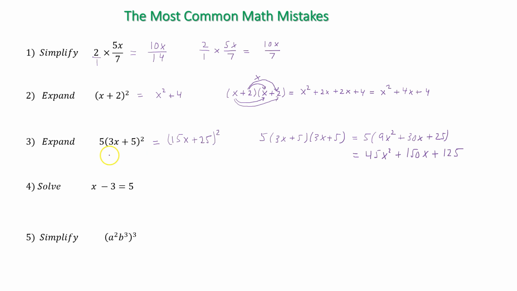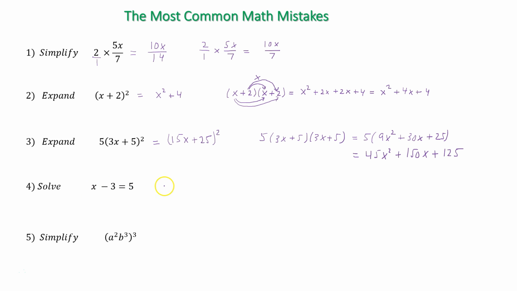Okay. Moving on to the next one. So example 4 is fairly rudimentary. What I often notice is that students might make the mistake of not changing the sign when they move a number over.